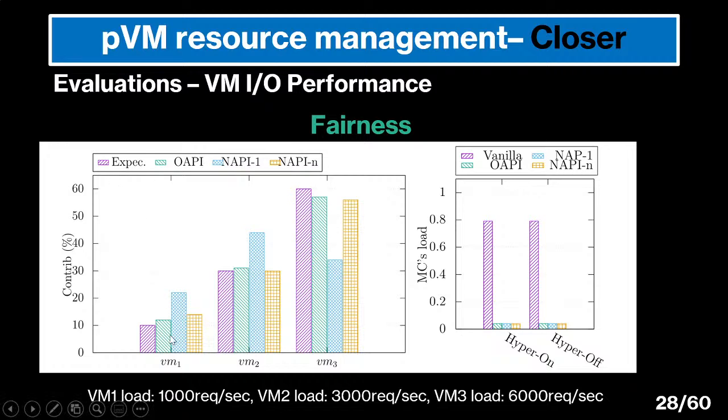And we can see that with OAPI and NAPI-N, we have contributions which are almost equal to what is expected, so 10, 30, and 60. However, for NAPI-1, what we observe is that the contributions are not really equal to what we expected, because there's a kind of prediction for the destination of each packet which is processed.